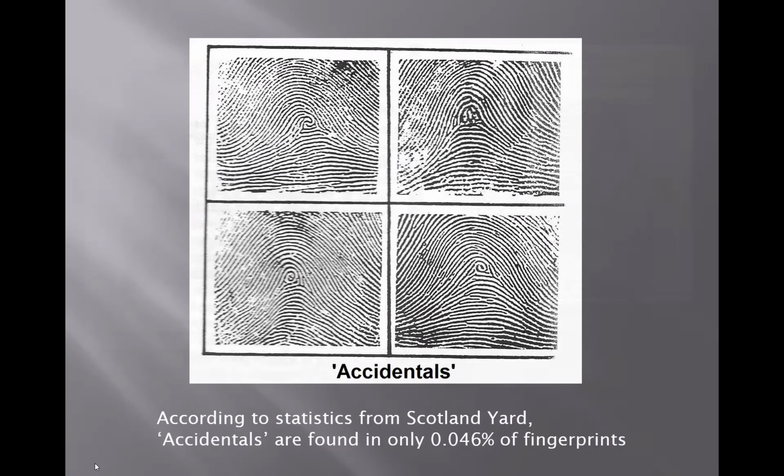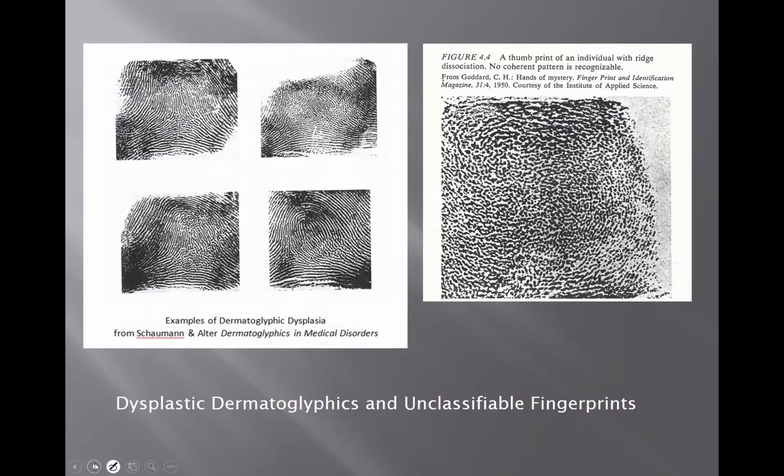Sometimes there are patterns that are unclassifiable. There are various conditions called dermatoglyphic dysplasia, which is where the fingerprint patterns didn't actually properly form, and so they leave strange markings in the ridges, or don't even form at all.